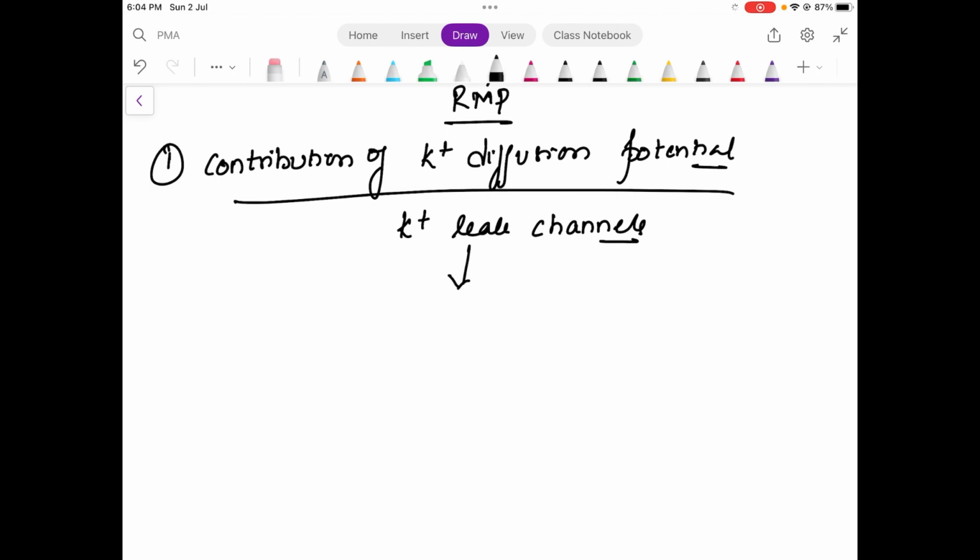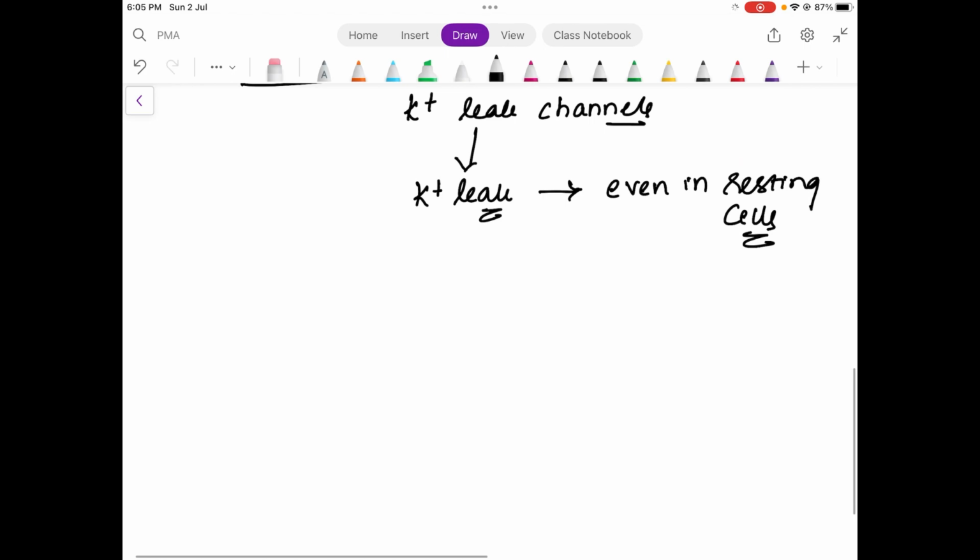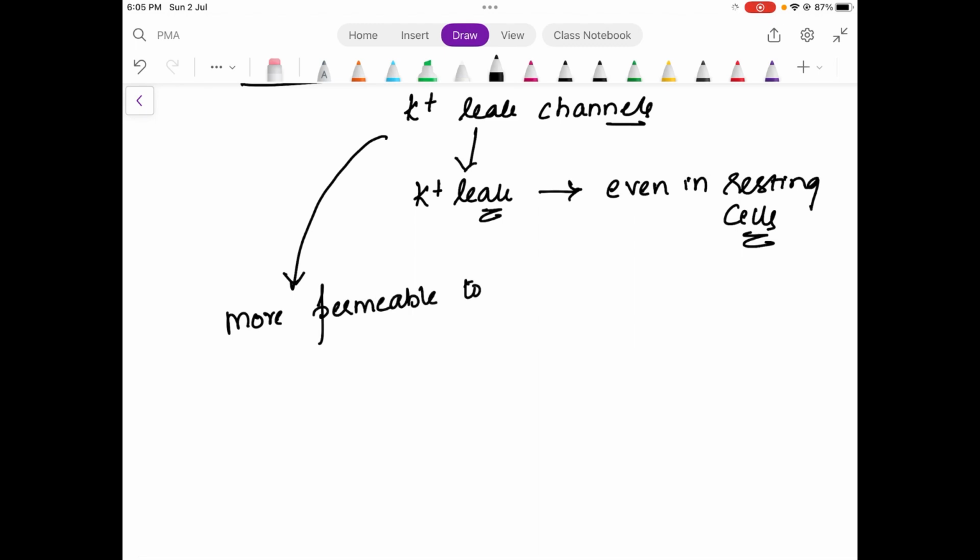Through these potassium leak channels, the potassium will leak. This leakage will be seen even in the resting cells. And these potassium leak channels are more permeable to potassium than sodium.